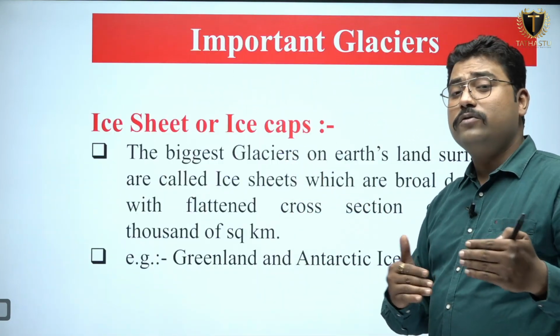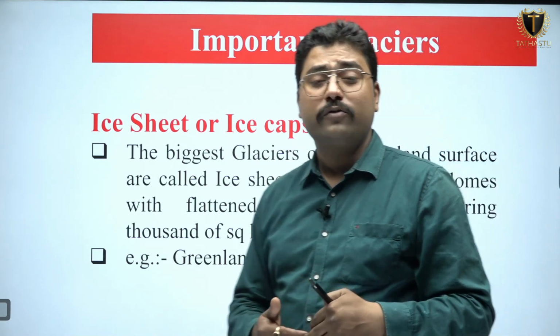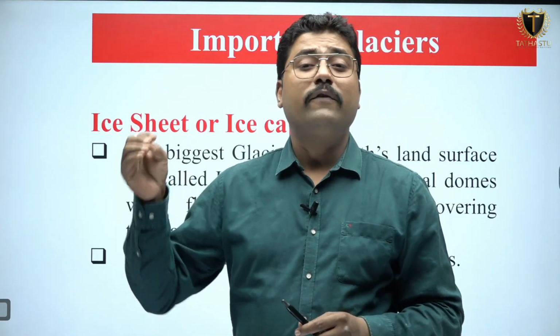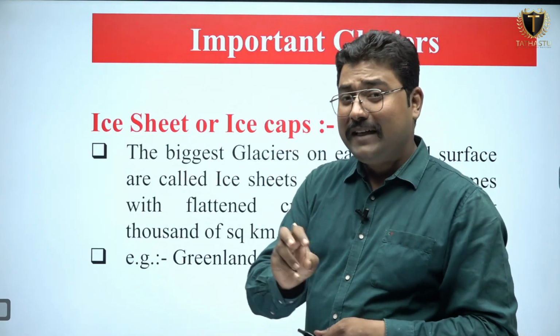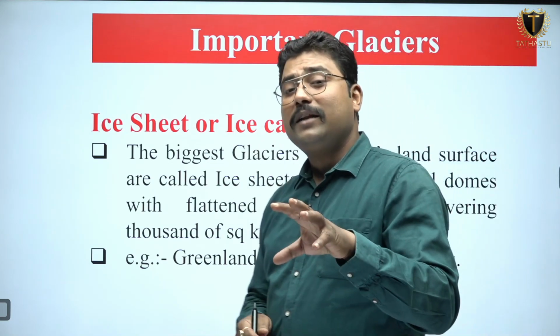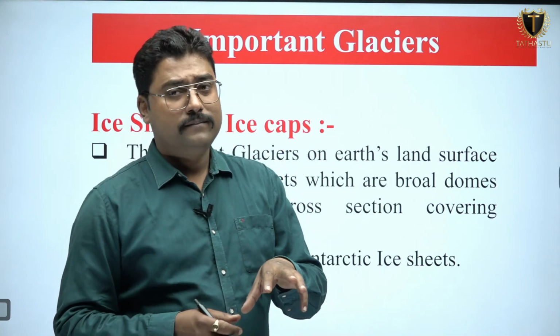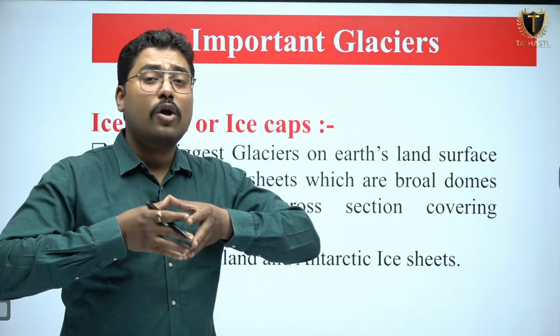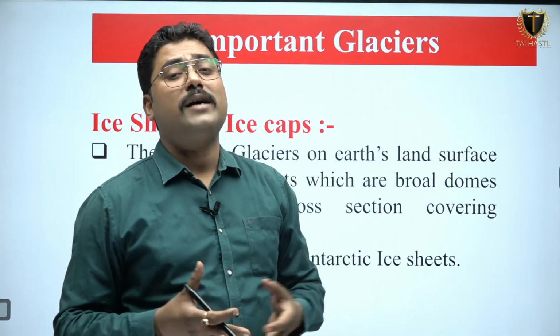So we are moving on to the different types of glaciers also, like we saw the different types of deserts. In glaciated terms, first comes the ice sheet or the ice caps. These are widespread; the long stretch of ice is considered an ice sheet.